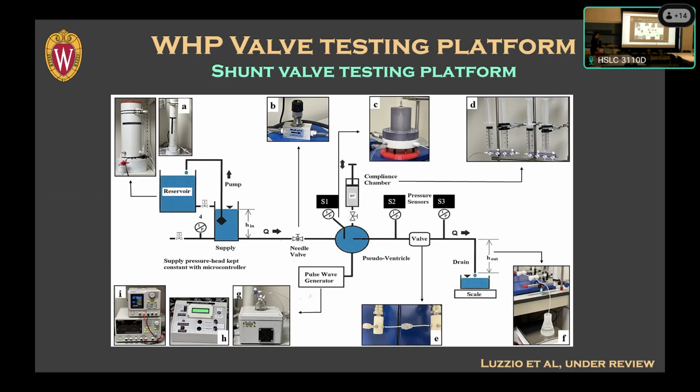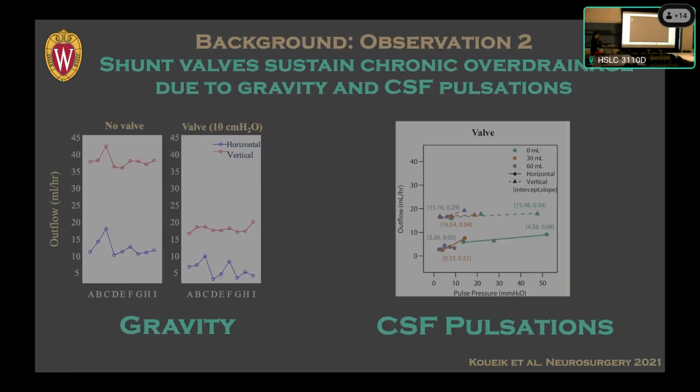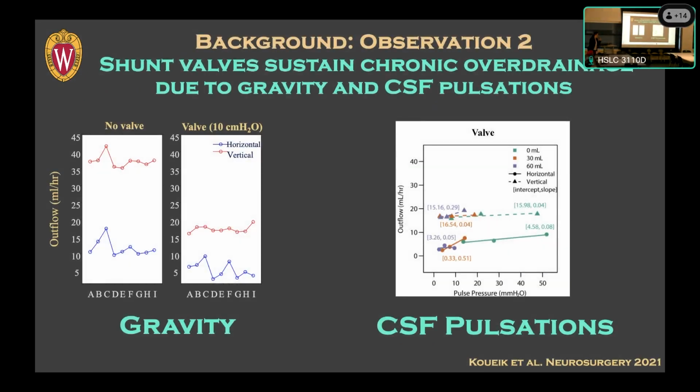And we did some experiments, and here is what we found. First, as expected, gravity is a major source of overdrainage. If we look at these two graphs here, on the y-axis is the outflow through the system, and the x-axis is the different experiments. The red lines are the drainage patterns under gravity in the vertical position.